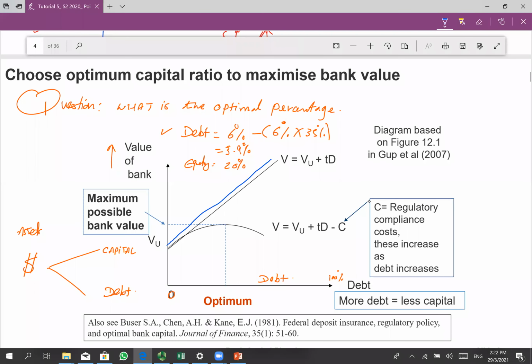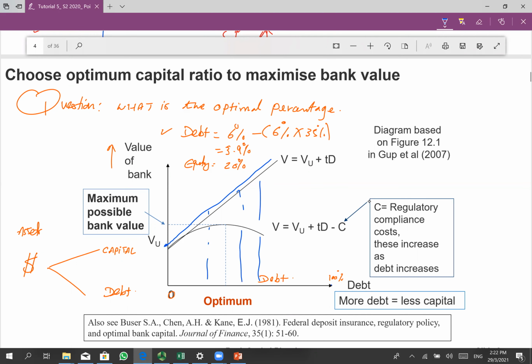When debt is 0, this is the value of the company. When I take more debt, the value of the company goes up, and continues. If nobody is rejecting this behavior, I will just continue, maybe reaching 100% of every loan I take from outside.